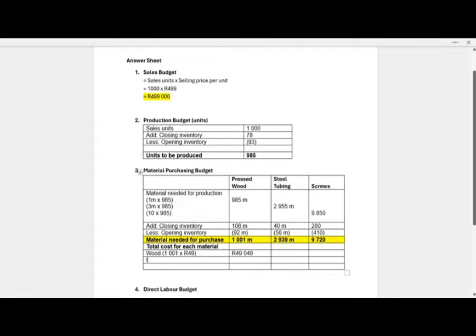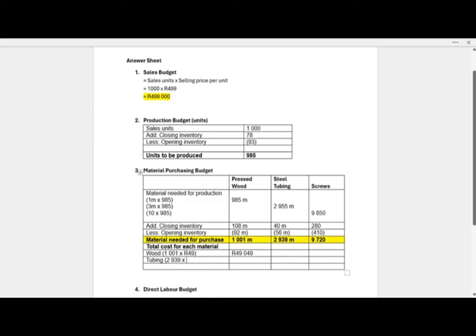And then for steel tubing, I'm going to say in brackets 2,939.